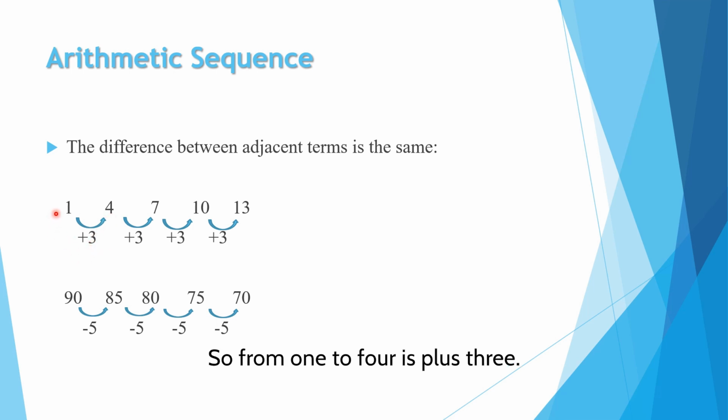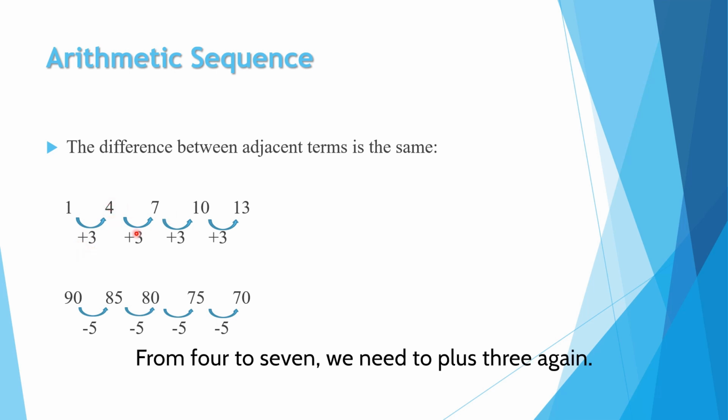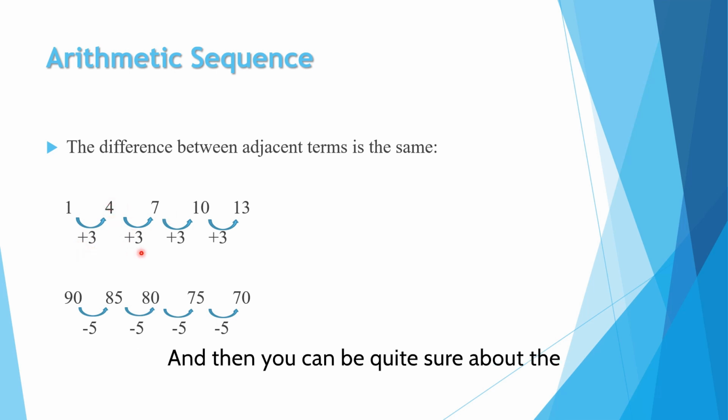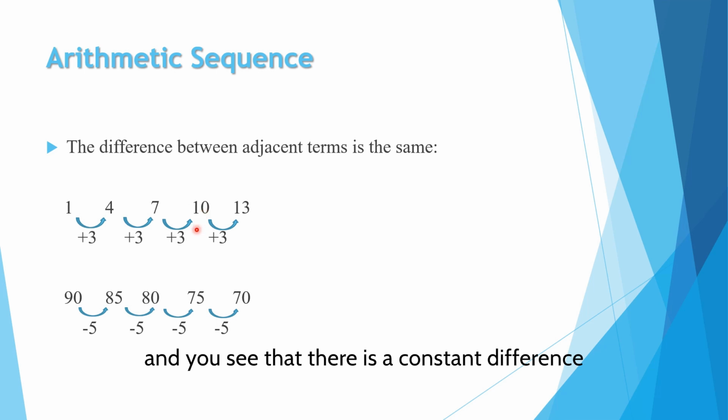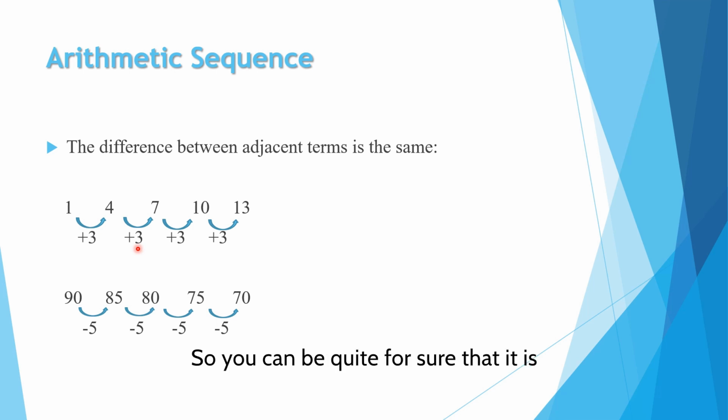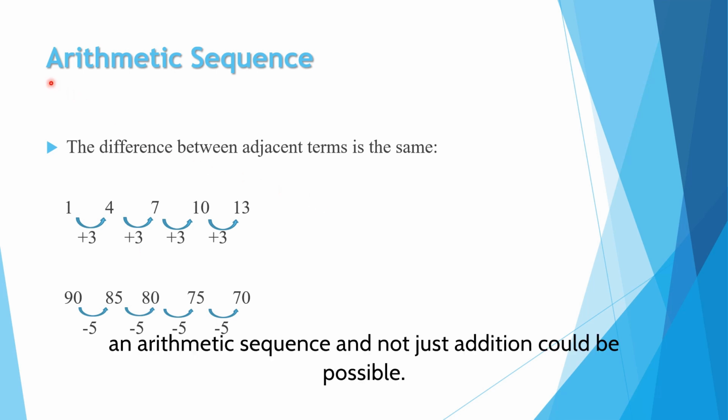From 1 to 4 is plus 3. From 4 to 7, we need to plus 3 again. You can be quite sure about the pattern after you check 3 to 4 numbers. There is a constant difference of 3 between adjacent terms, so you can be quite sure that it is an arithmetic sequence.